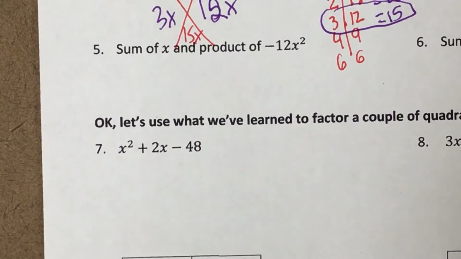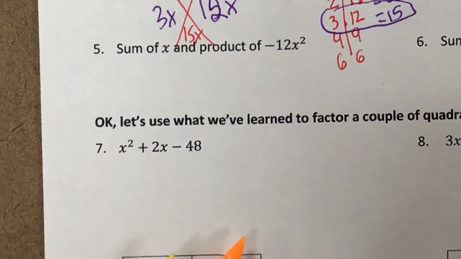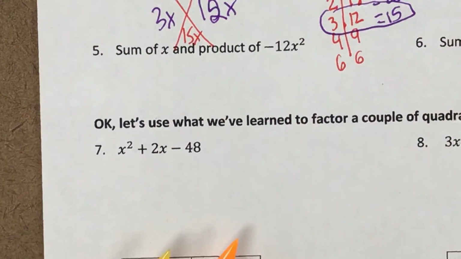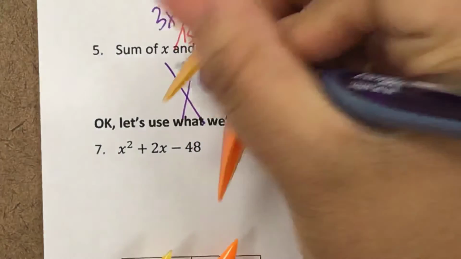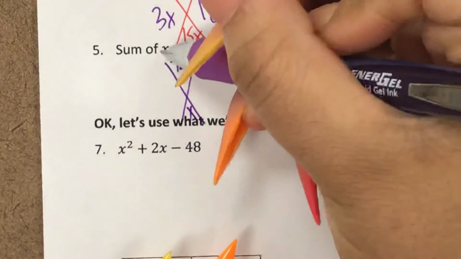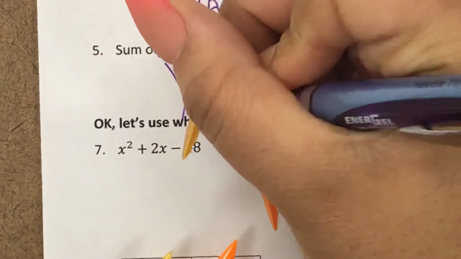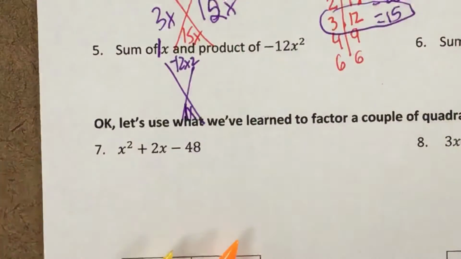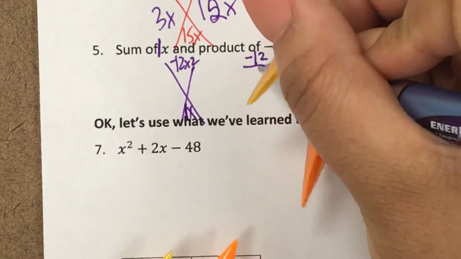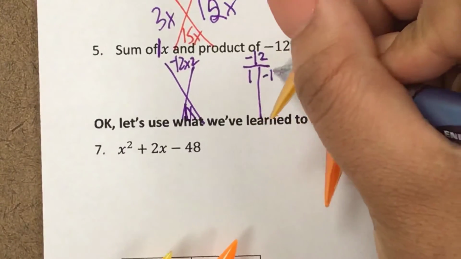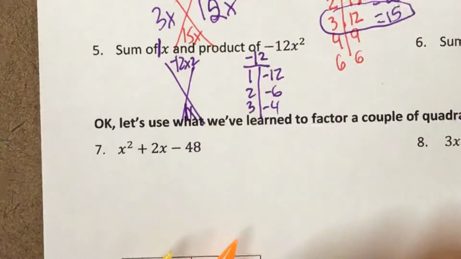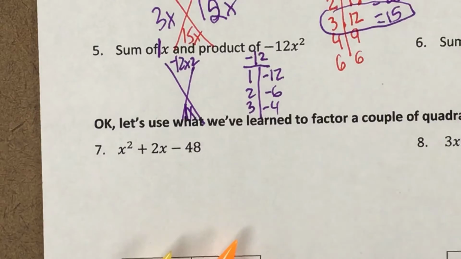Okay, number 5. Sum of x and the product of -12x. So what's in front of that x? 1. So I'm trying to find what adds to get 1. So my products of -12 are 1 and -12, 2 and -6, 3 and -4. That's it.